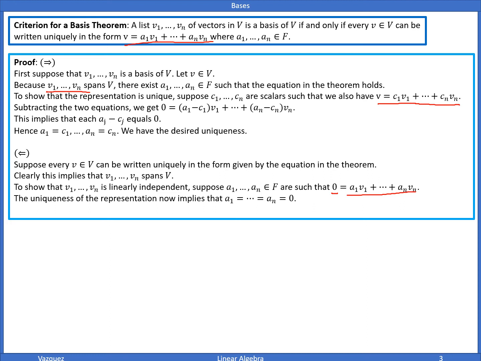Here, by the uniqueness of the representation, I mean the uniqueness of the representation of this vector V up here, because we're just taking V equal to 0, which implies that our scalars A1 through An are 0. So therefore, V1 through Vn is linearly independent and hence is a basis of V. So that proves our theorem for the criterion for a basis.